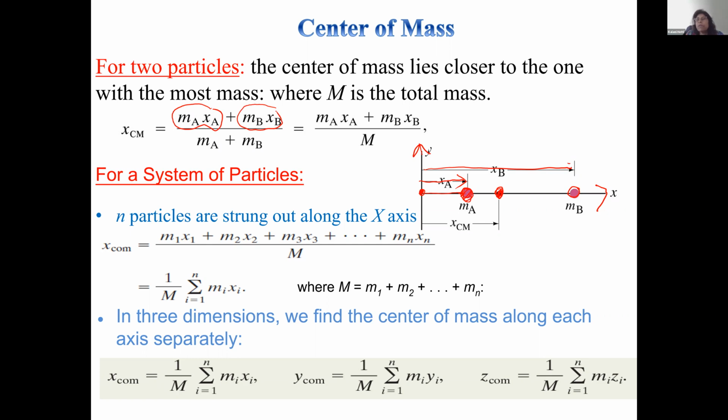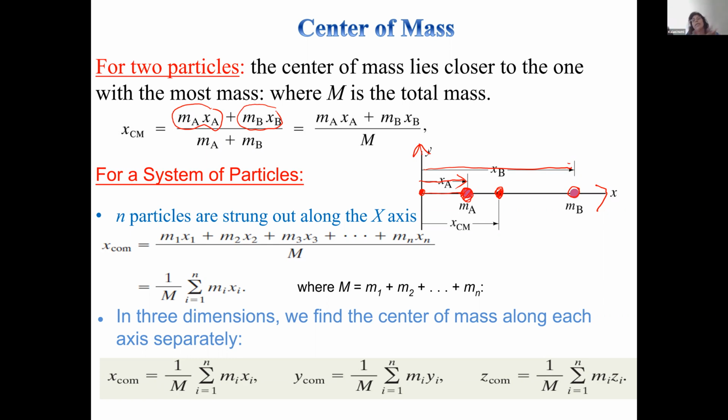And then you divide by the total mass, right? Now, the question is, if MB is on the other side, then what do you do? In that case, your XB will be a negative value that you need to include, okay? Okay, good. So that is how we calculate the center of mass.